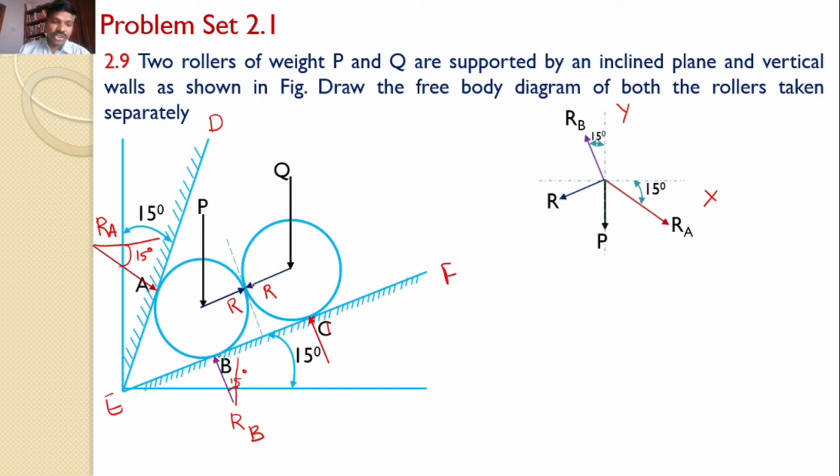This R force is parallel to the surface, parallel to EF. And EF makes an angle of 15 degrees with the horizontal, hence R makes an angle of 15 degrees with the horizontal. So this is the total free body diagram of roller P.